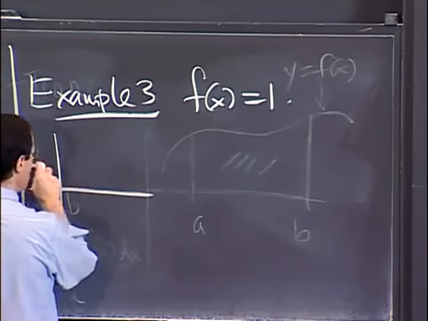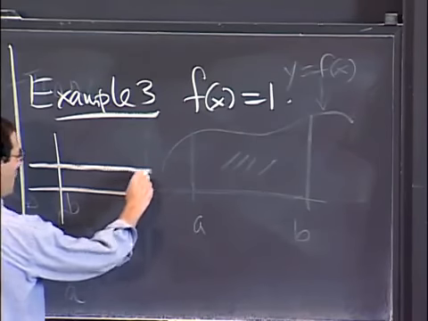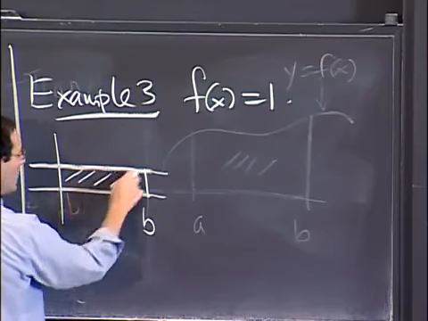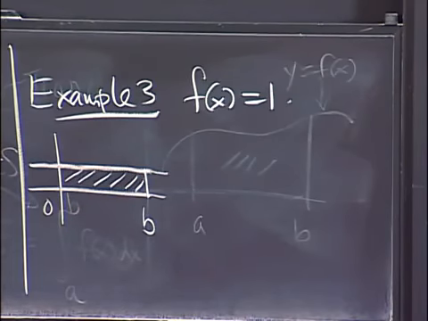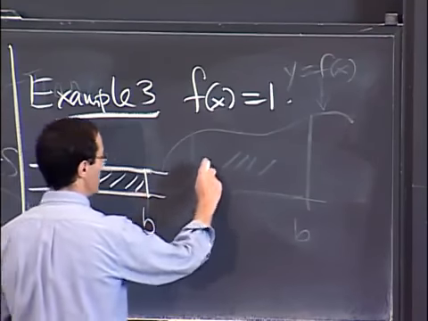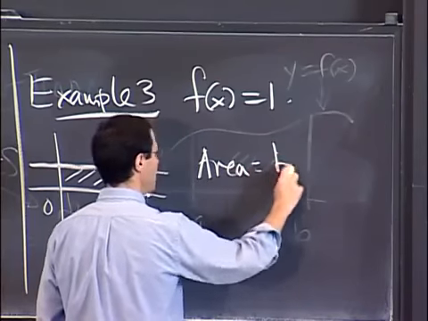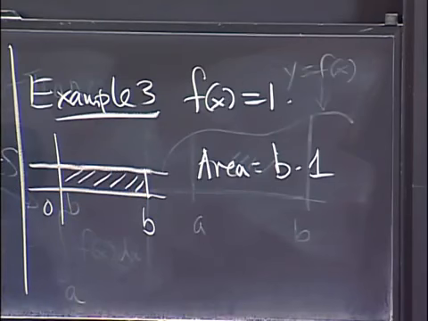So the function is just horizontal like this, right? It's the constant 1. And if we stop it at b, then the area we're interested in is just this, from 0 to b. And we know that this is height 1, so the area is base, which is b, times 1. So it's b.